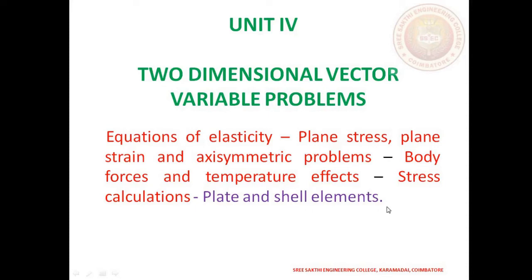So plate and shell element are only from the theory point of view, and only the derivation is given. You need not worry about these two areas, plate and shell element; the very important thing is the red highlighted topics only. For example, the shell element is a curved surface, mainly for surface area.